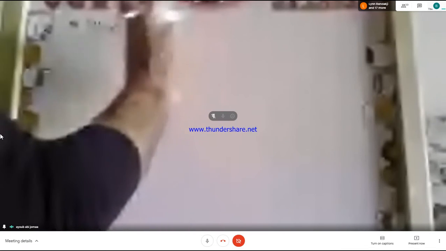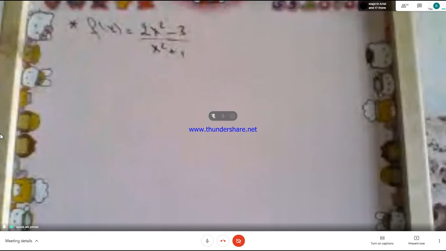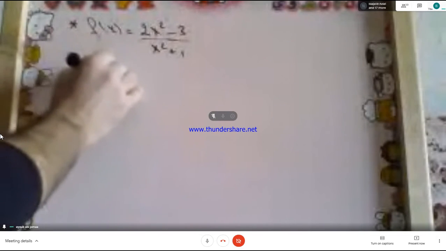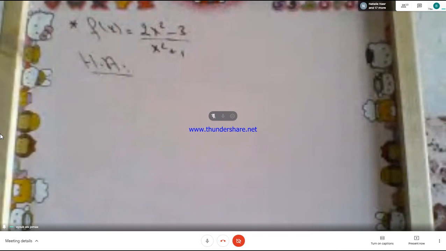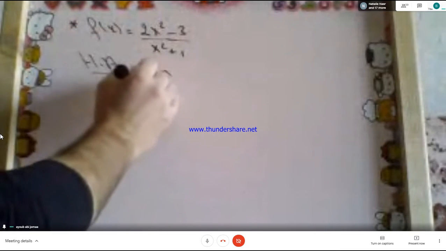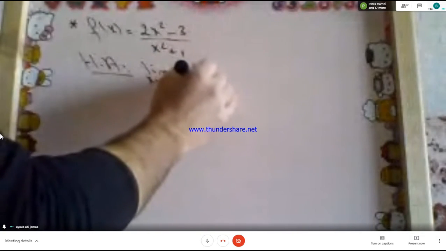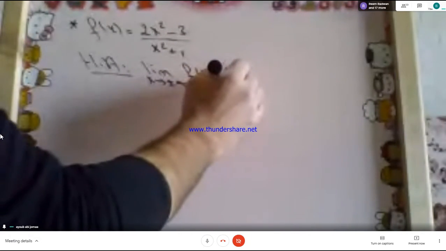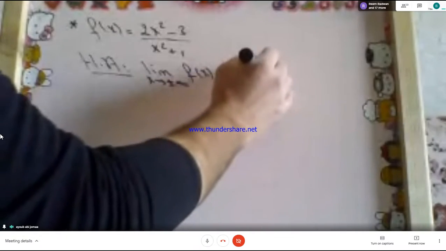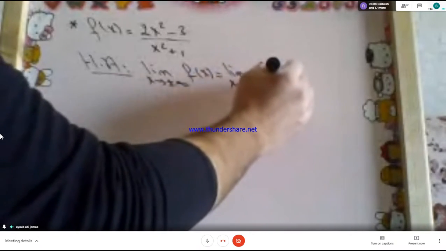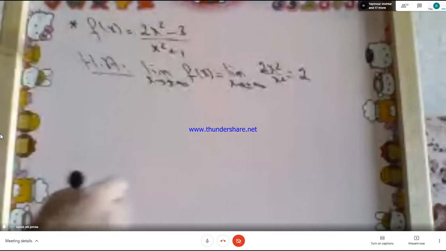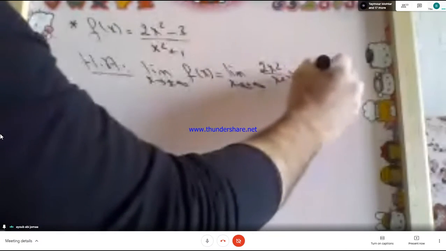For the horizontal asymptote, limit as x approaches positive or negative infinity of f of x is the limit of 2x squared over x squared, which is equal to 2. So here we have horizontal asymptote y equal to 2.